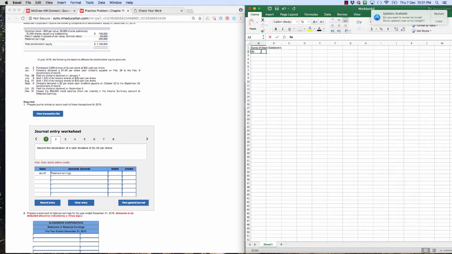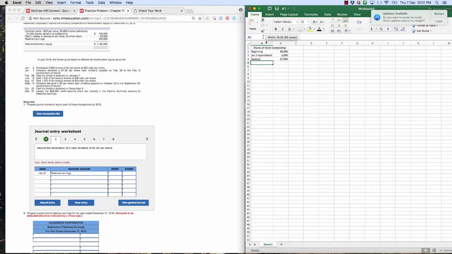At the beginning balance, the beginning of the year, there were 30,000. Then on January 2nd, we repurchased 3,000, which means the balance at this point is just the difference between those two.